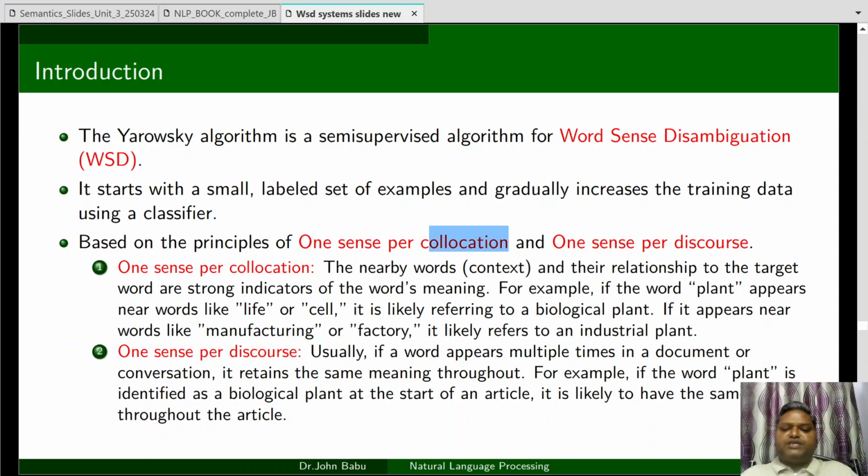Similarly, when I'm talking about sports, racket means the instrument used by the tennis player. It is not talking about a satellite rocket or a Diwali rocket. If I talk about Diwali fireworks, then rocket will mean the Diwali rocket. So based on the discourse, there will be one sense. The principle is one sense per collocation, one sense per discourse.